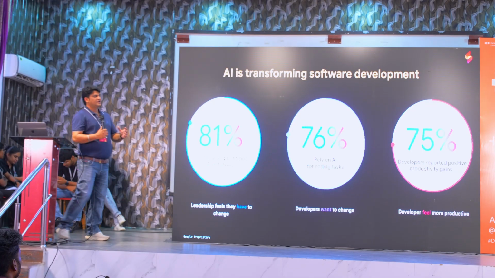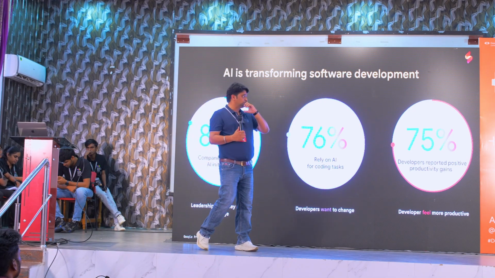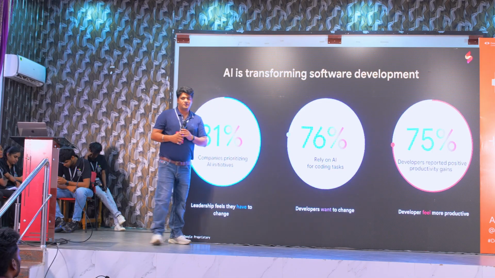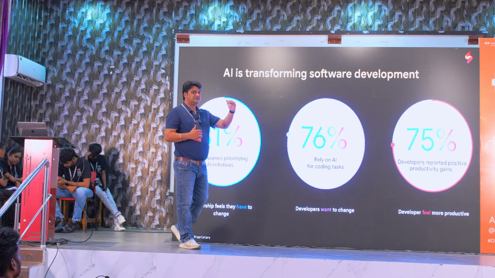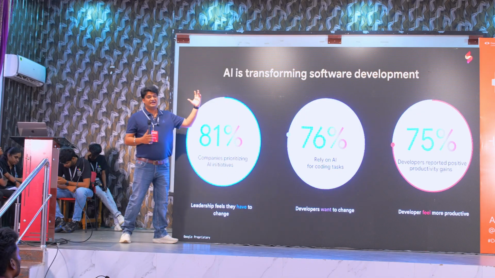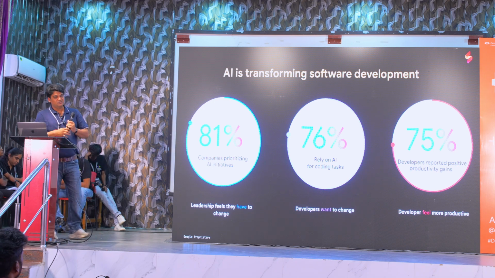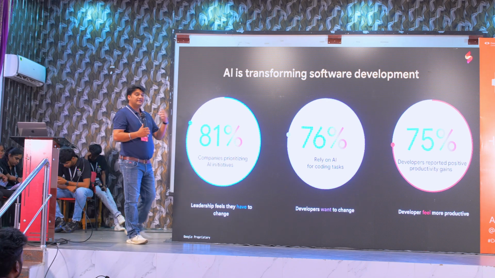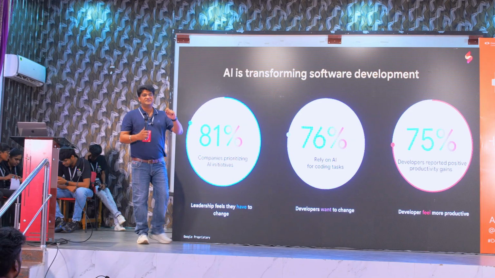So now coming to the next point: what's the Firebase? Nowadays if you're talking about the adoption of AI at the enterprise level or by many organizations, it is mostly focused on AI. If you see the diagram, 80% of companies nowadays are prioritizing AI initiatives. They want to build something new that is infused with AI.